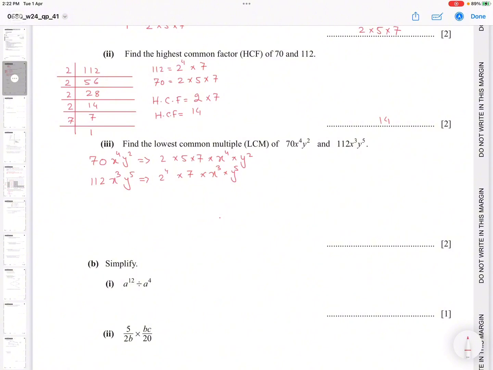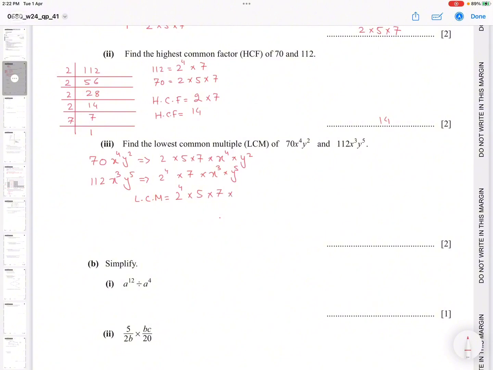Now we have to find the lowest common multiple. In lowest common multiple, we have to pick the greater value from the same two values. Like from 2 and 2 power 4, we will pick 2 power 4. We will pick 5 also because it is LCM. And from 2 sevens, we will pick 1 seven.